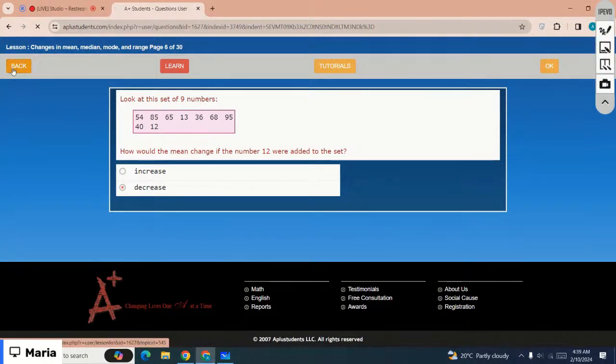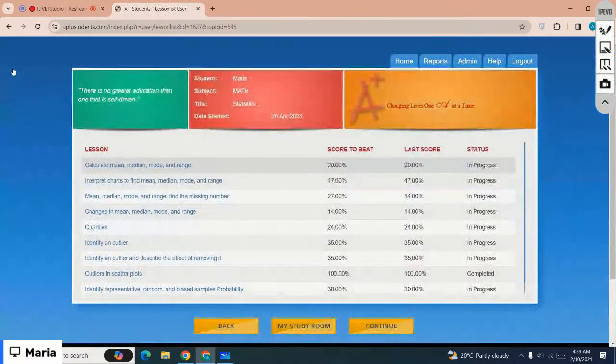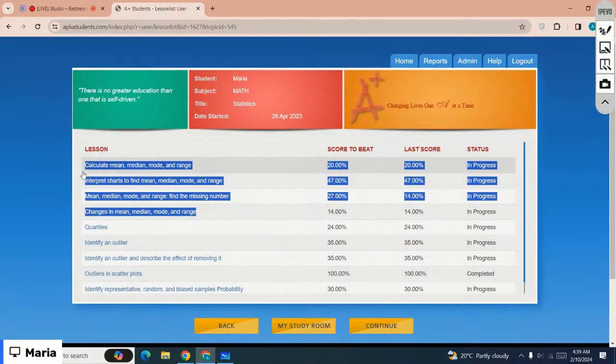Okay, you can complete the lesson by yourself later today. So we were working on grade 8 math. The chapter we were working on is statistics, and the lessons we have covered are calculate mean, median, mode and range, interpret charts to find mean, median, mode and range, find the missing number, and changes in mean, median, mode and range, right?